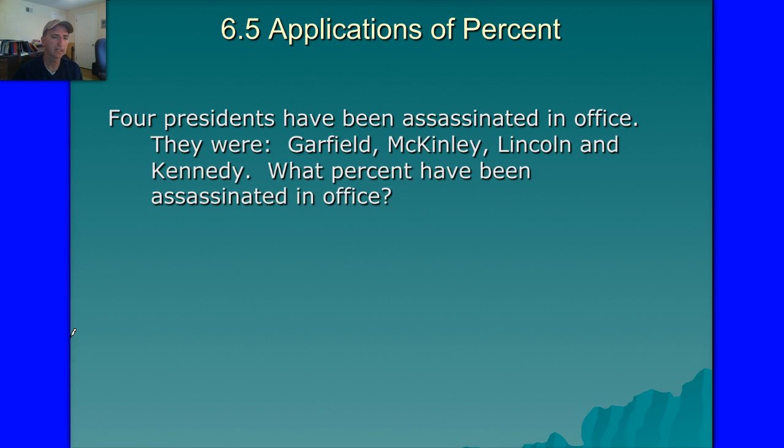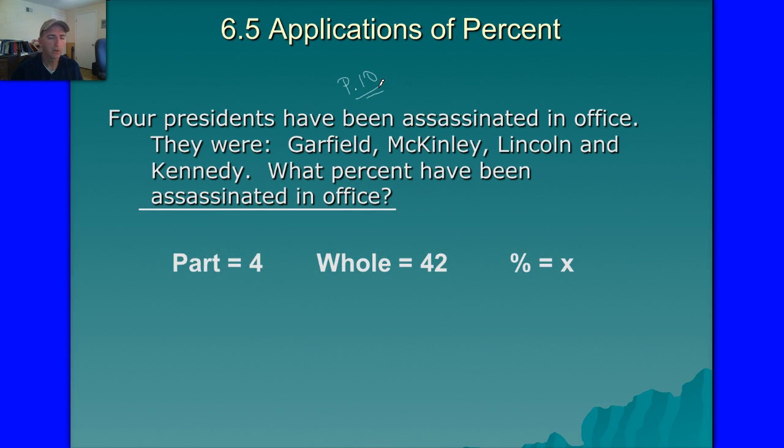And then let's look at a follow-up question to that. There are 4 presidents that have been assassinated in office, and they are listed there. If you're not sure where we are, we're on page 10 now. We just turned to it. Those 4 presidents, what percent have been assassinated in office? Okay, 4 of them have been. So the part in this particular case is 4.